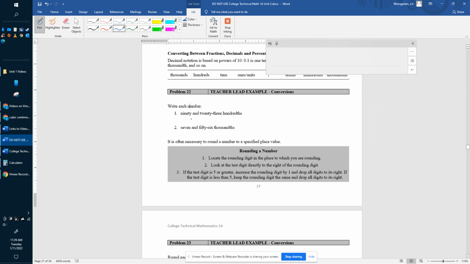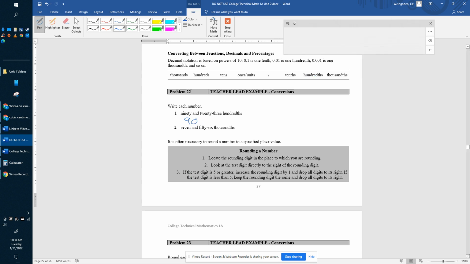So we have 90 and 23 hundredths. What's the hundredth? Hundredth is over here. There's 23 of them. So that'd be 0.23. 23 hundredths means that there'd be 2 tenths and 3 hundredths.